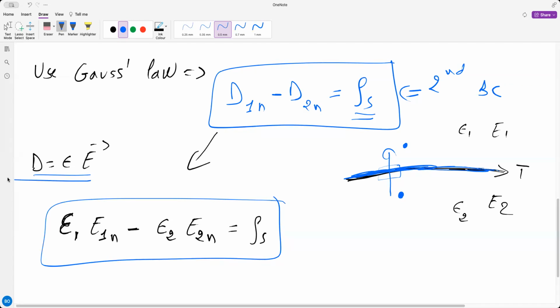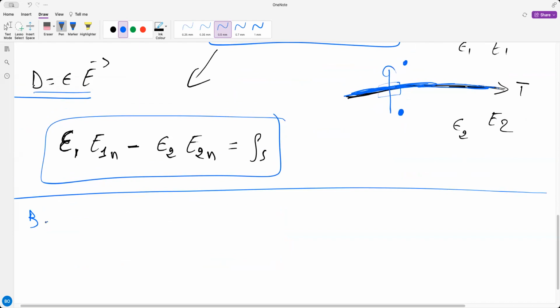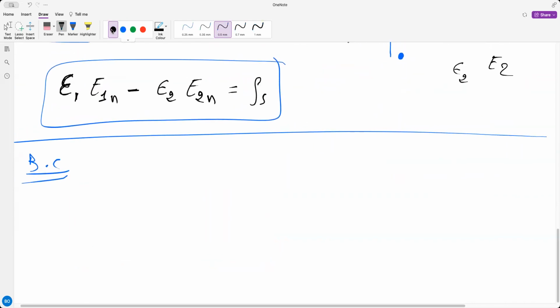Okay. So let me just summarize those boundary conditions that we now know. So the conservative property of the electric field. Remember what we have done in chapter 3.